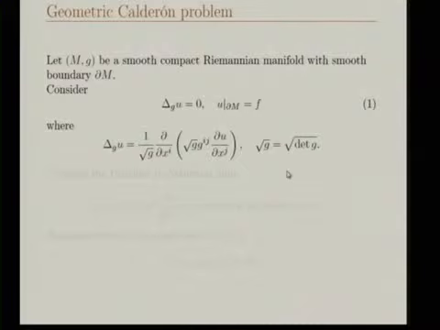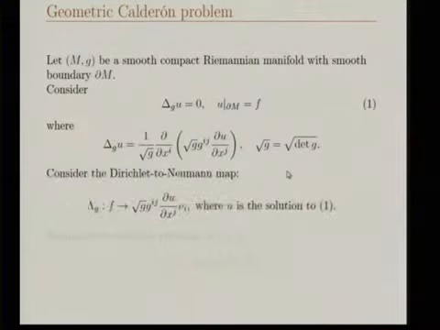So u restricted to the boundary of M is equal to f, with the Laplace-Beltrami operator. And you can ask the same problem. So you have the Dirichlet-to-Neumann map: with the Dirichlet data, you consider the Neumann data. And then you can ask the same question: does this determine g, where g replaces sigma? And it's a trivial thing.